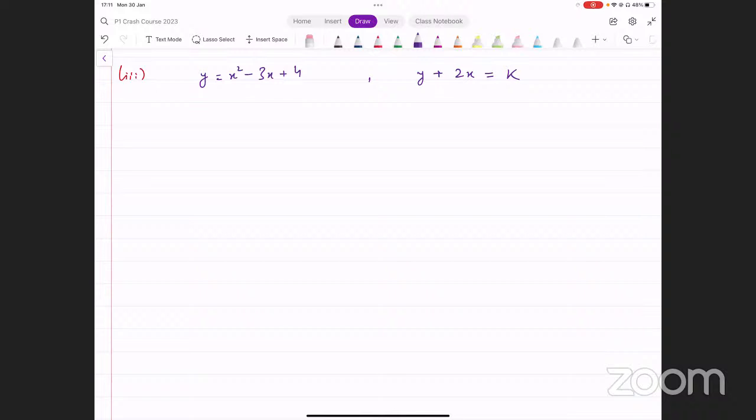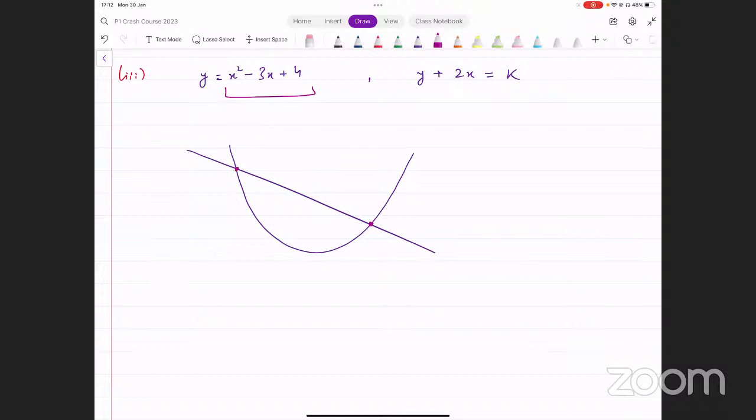If you have a curve like this and a line like this, in this case a downward sloping line, so maybe something like this, these are the points of intersection that we've got. What is special about these points? At these points, this curve and this line have the same x and y coordinates, right? Their x coordinates and their y coordinates are equal at these 2 points.